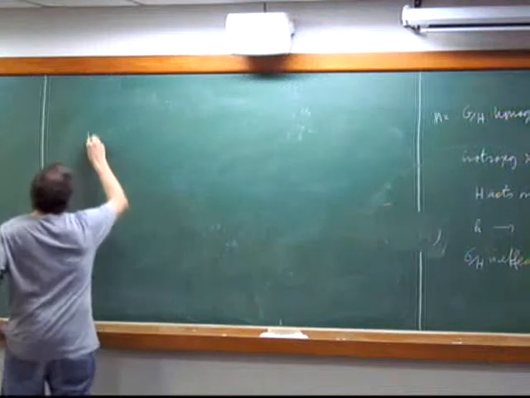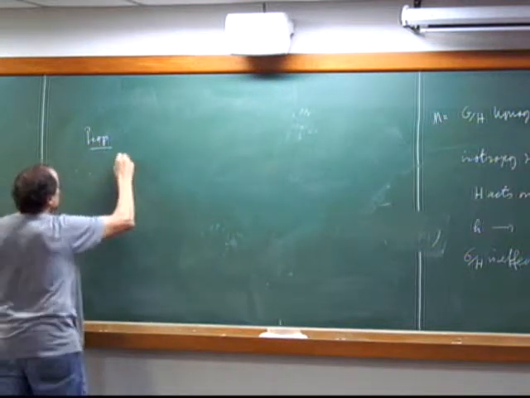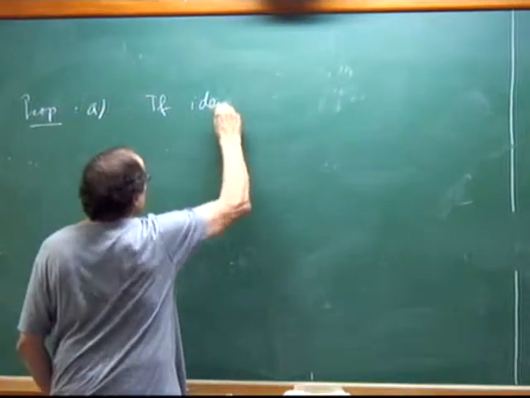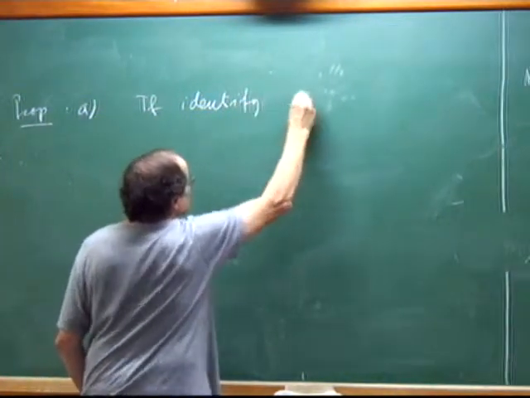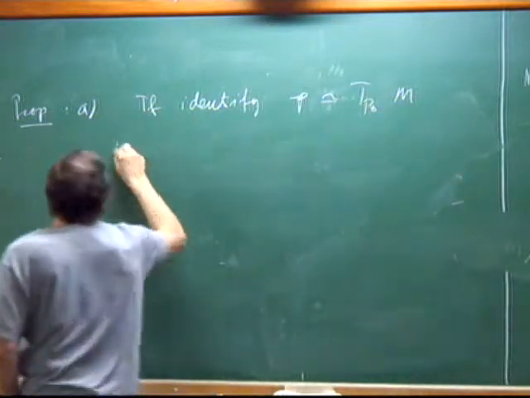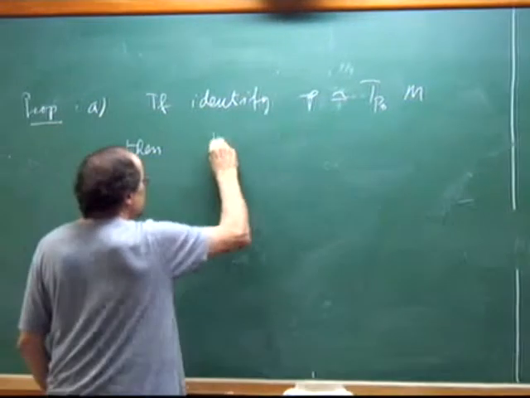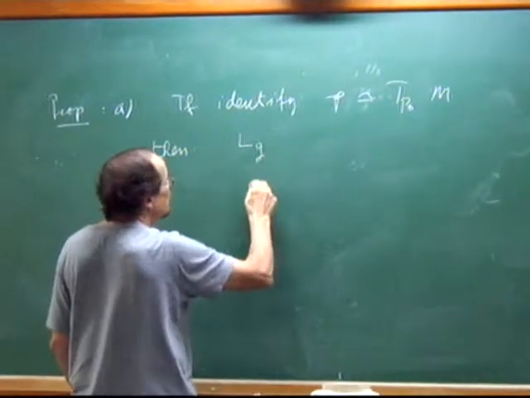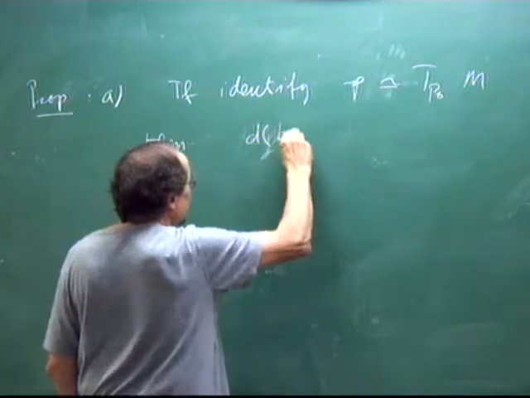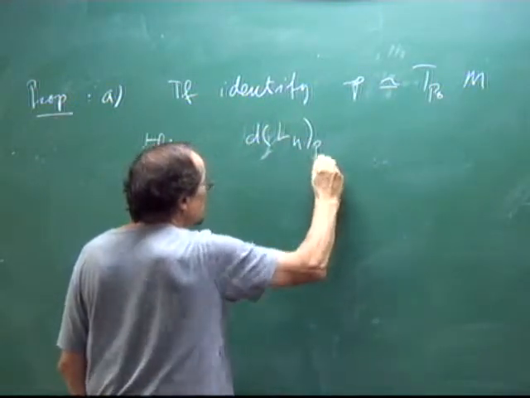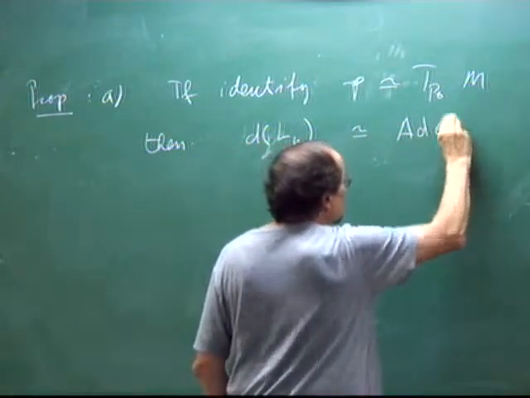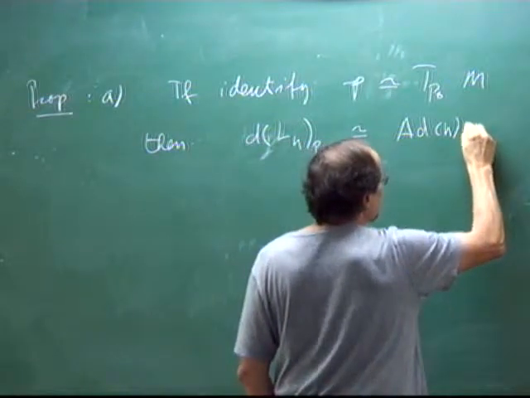So using that, I have the following proposition. If I identify in this fashion 𝔭 with the tangent space, then the derivative of left translation L_h at the point p naught corresponds to Ad(h) as an element that goes from 𝔭 to 𝔭.